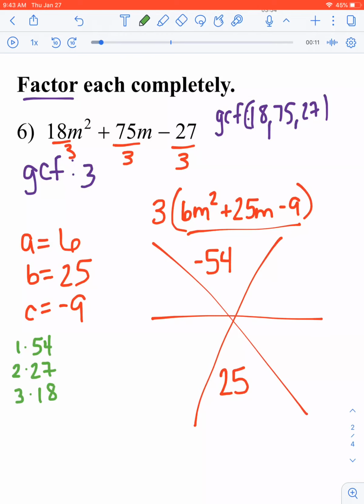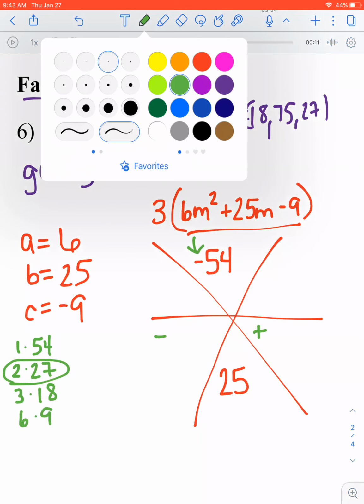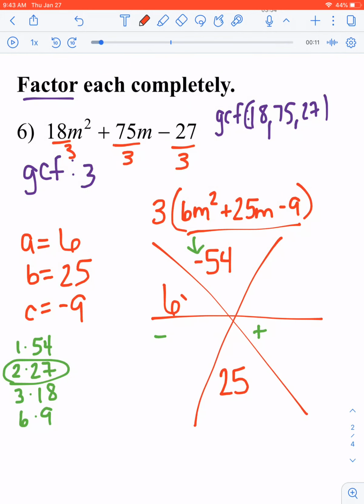I'm pretty sure I already got my answer, which is right here. You can keep going. I know 6 times 9 works. But because this is negative, I know one has to be negative, one has to be positive. I also forgot to write my AX. Remember your AX. So that's 6x and 6x. Okay.